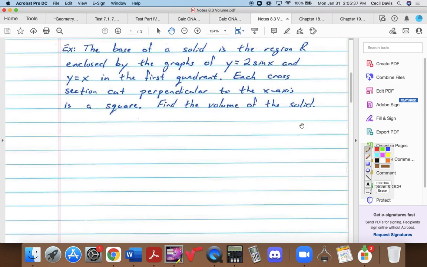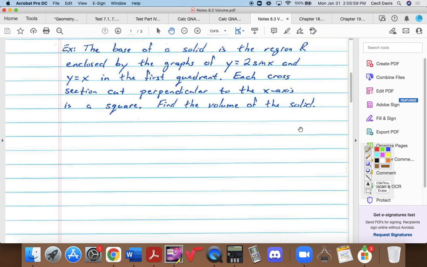The base of a solid is the region R enclosed by the graphs of y equals 2 sine x and y equals x in the first quadrant. Although you don't need to imagine this whole thing in 3 dimensions, think of that as like the base of a building. It's the footprint.